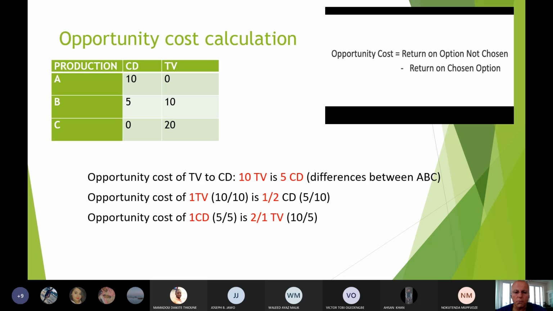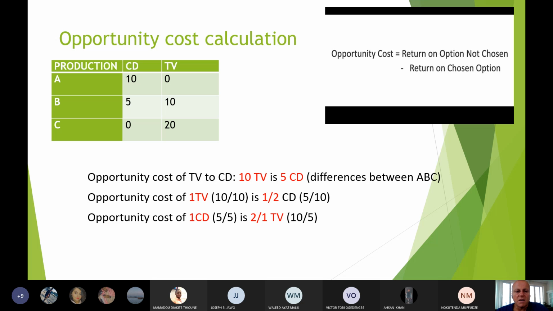Then the opportunity cost for this TV to CD is 10 TV is 5 CD. The difference between these A, B, C is supposed to be 5. And the opportunity cost for 1 TV then, 10 to 10, is going to be 1 to 2, because you are going to make this comparison between these changes, between this replacement from moving A to B.